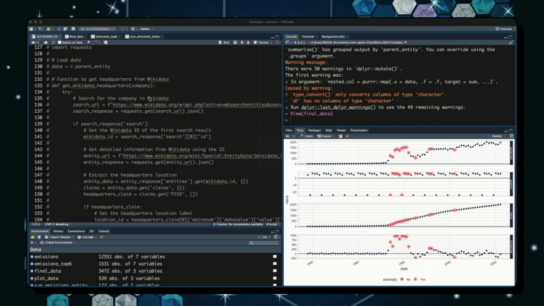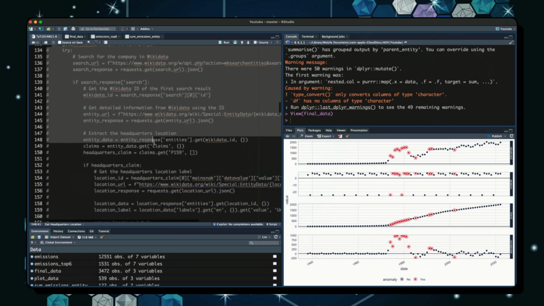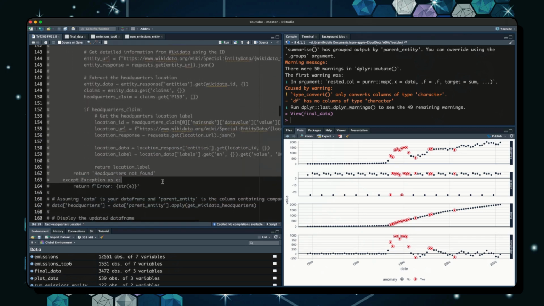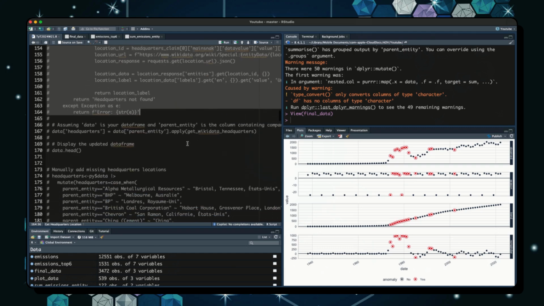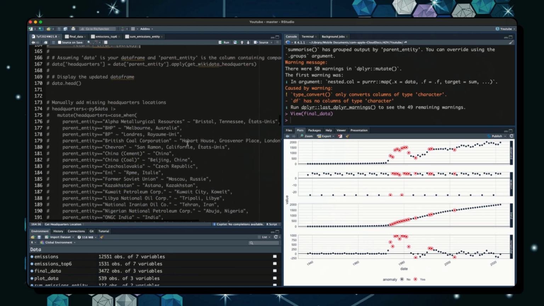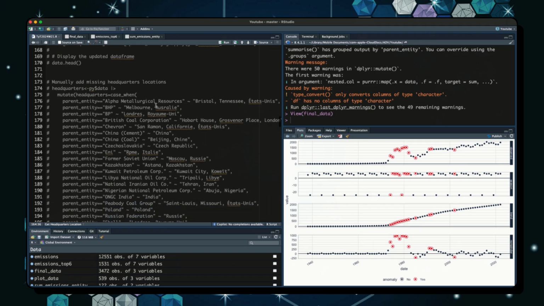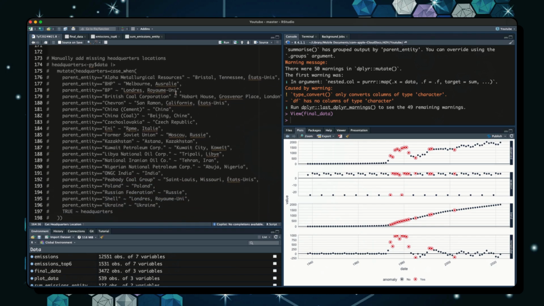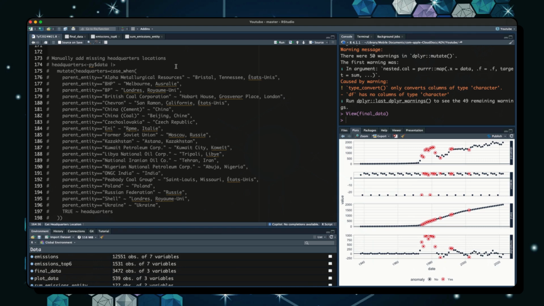Basically, all this is doing is some web scraping in Wikidata. So this is a function. Let's go look in Wikidata to extract some information about the headquarters. And you see here, even though I have this Python function to do some web scraping, I had to add some of the parent entities manually, and I managed to find the headquarters location of each of these entities simply by looking at it in Google.